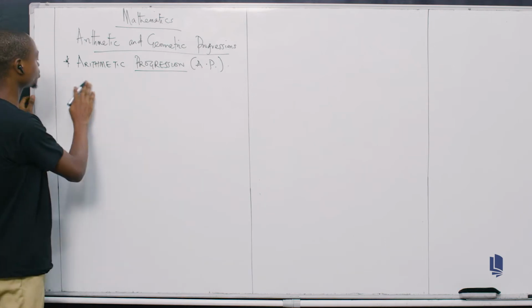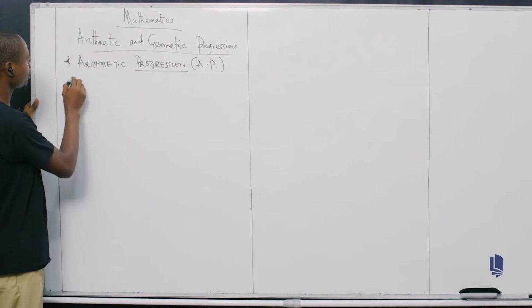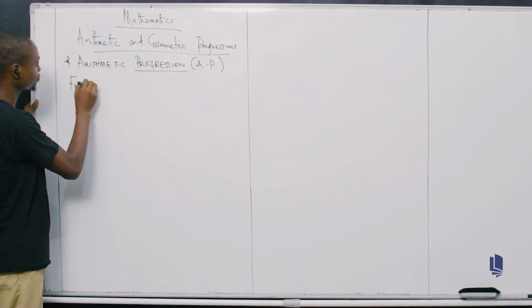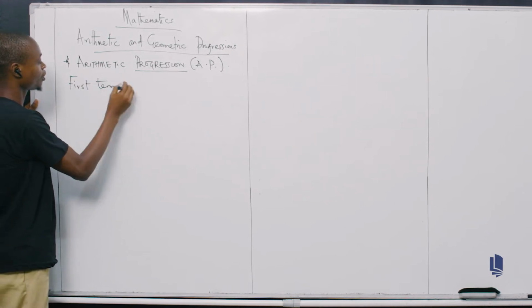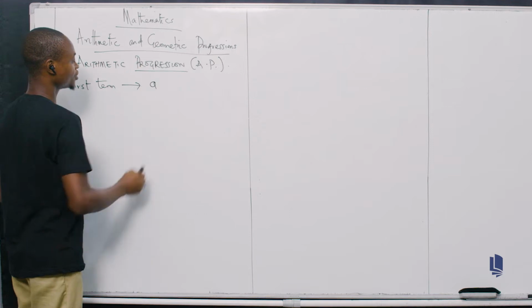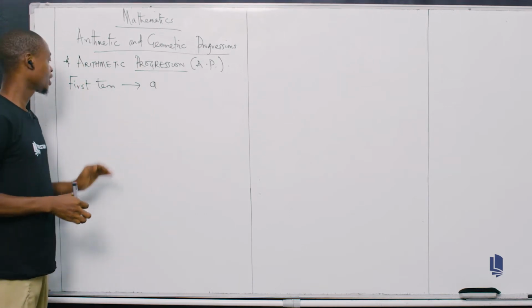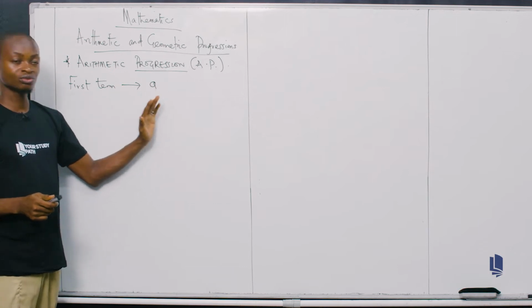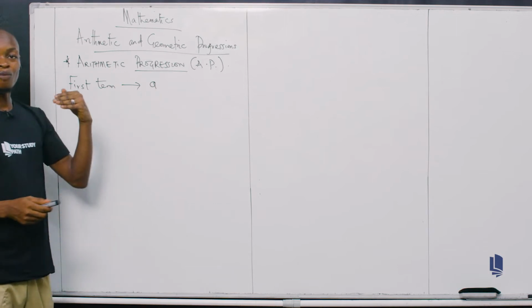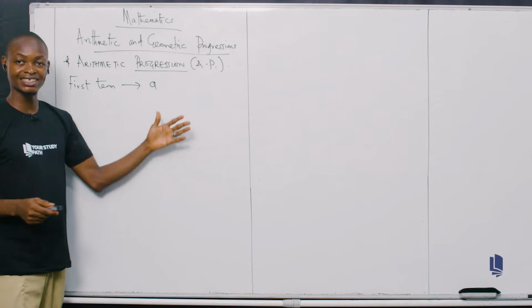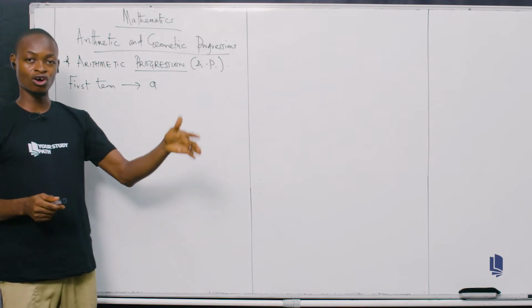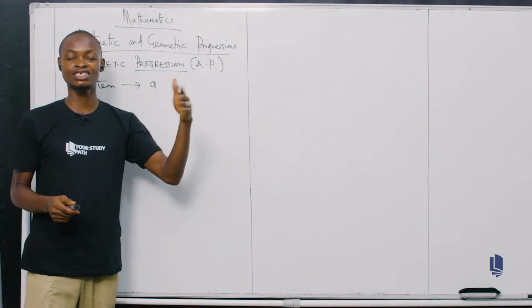Now, how exactly do we write that kind of sequence? The first term of the arithmetic progression is usually denoted as A. That is the inception. From this inception, we extend to the second, third, fourth, fifth, sixth term, and so on.